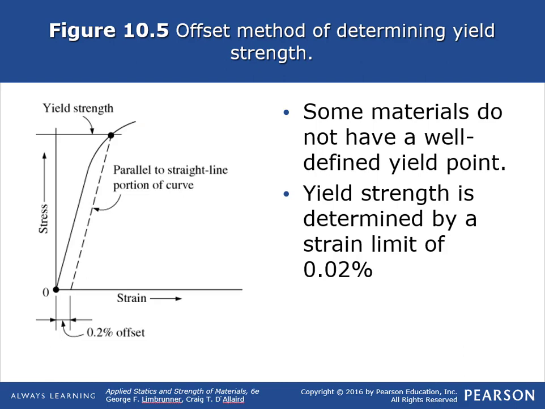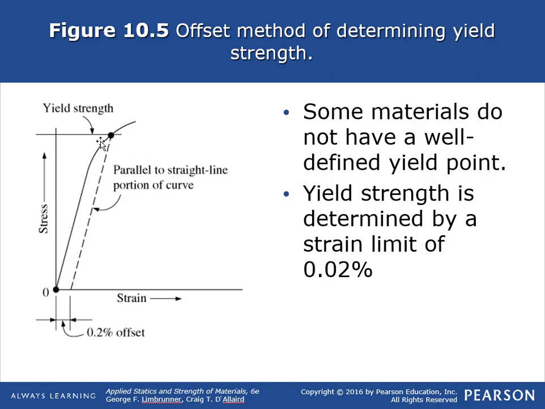Now some materials don't have a very well-defined yield point. In which case we base this on 0.2% strain. So we'll take the stress strain curve, and then we'll draw a line starting at 0.2% strain, parallel to the modulus of elasticity.